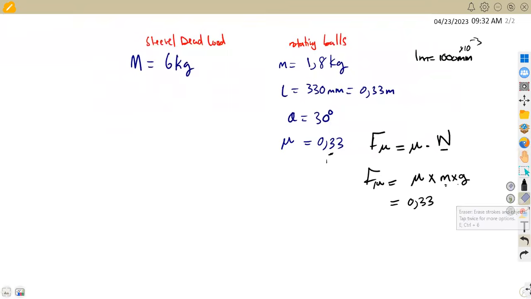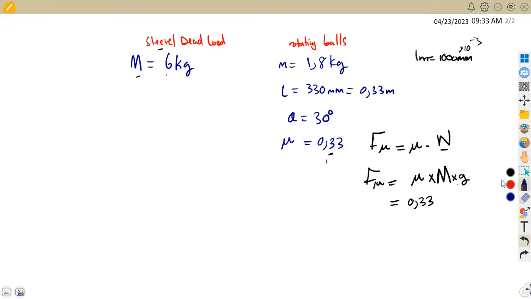Let me indicate this properly so that we do not confuse it with the small m. We are going to use capital letter M. This is between the sleeve, which means we are working with the sleeve mass of 6 kgs.